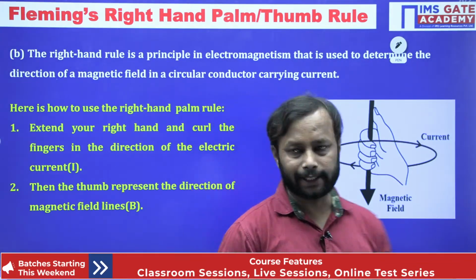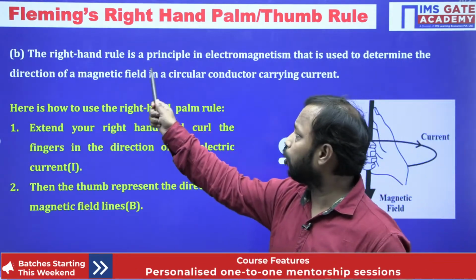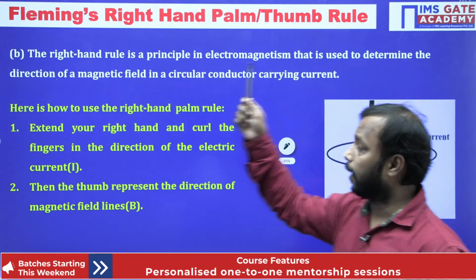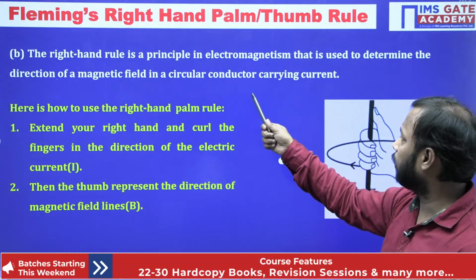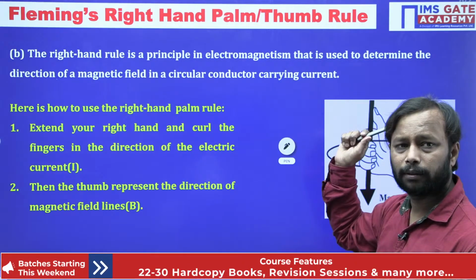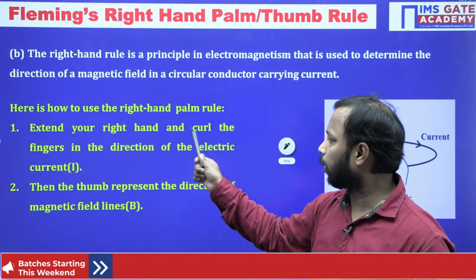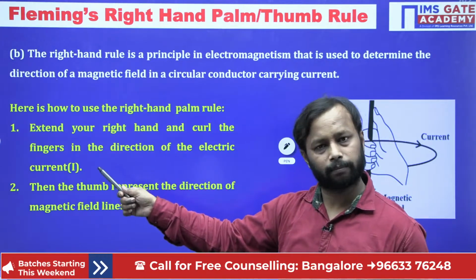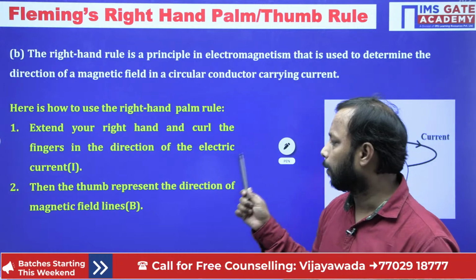So what it tells, the right hand rule is a principle in electromagnetism used to determine the direction of magnetic field in a circular conductor carrying current. And how are we going to find it? Extend your right hand and curl the fingers in the direction of electric current, which is I. Then the thumb represents the direction of magnetic field line.